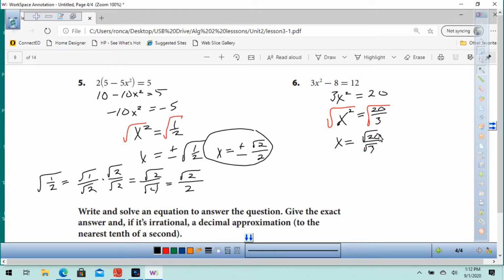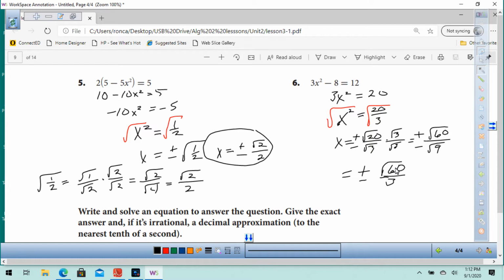Skip a step there, because we're going to have to do something about that. So that's going to be plus or minus, and it's going to be the square root of 3 over the square root of 3. That's going to give you plus or minus the square root of 60 over the square root of 9. Well, the square root of 9 we know is 3. So it's going to equal plus or minus the square root of 60 over 3.